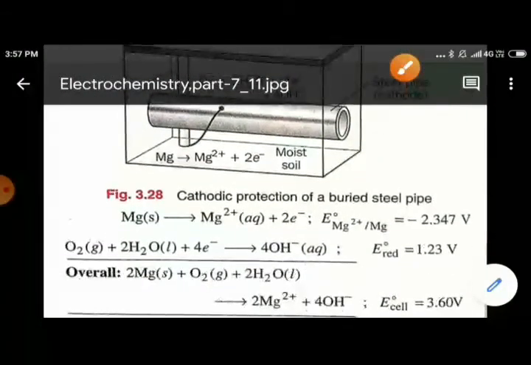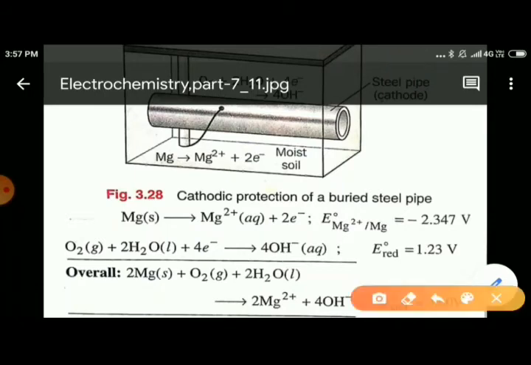If we have a pipeline made of iron and we want to protect it from rusting, then we should take a more reactive metal in contact with it. So here magnesium is taken as the more reactive metal.